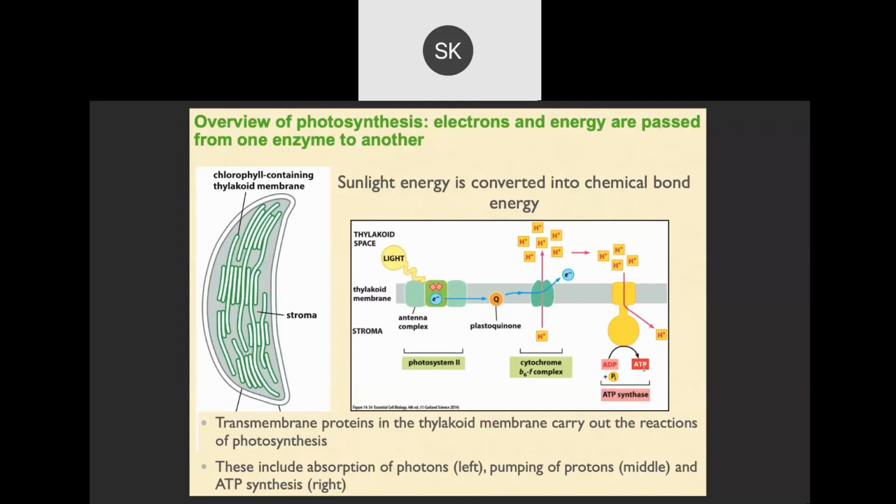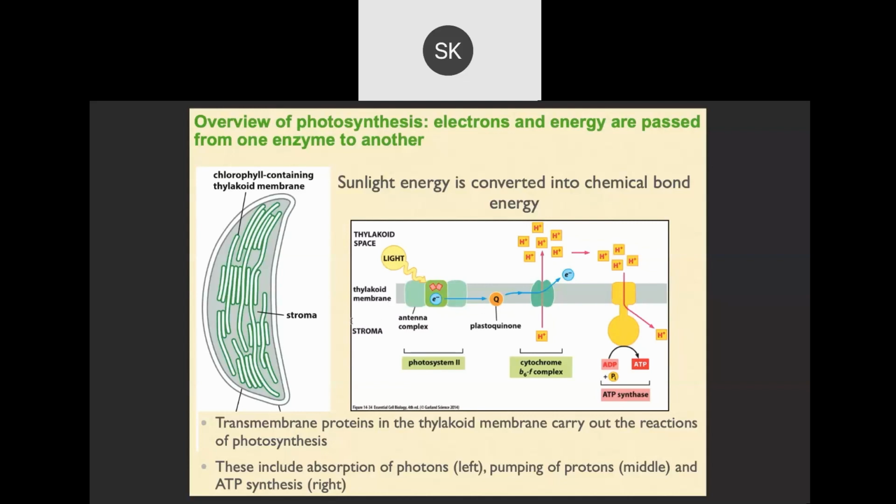Now, I'll talk about this in more detail in another video, but I just want to give you the whole context of photosynthesis. Again, we're talking about a bunch of reactions that are occurring in the membrane, specifically in the thylakoid membrane.